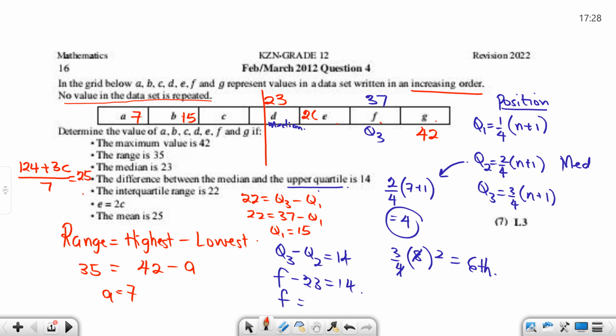You do the maths, do the honors. C is 17. Please do the maths and confirm. And if that is 17, E is 34. Done with A, B, C, D, E.